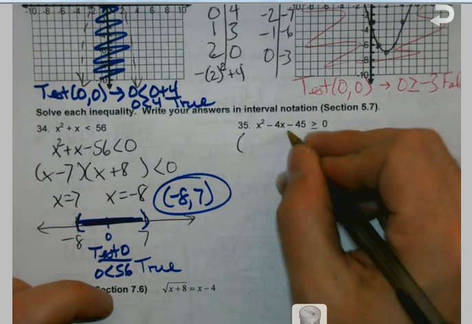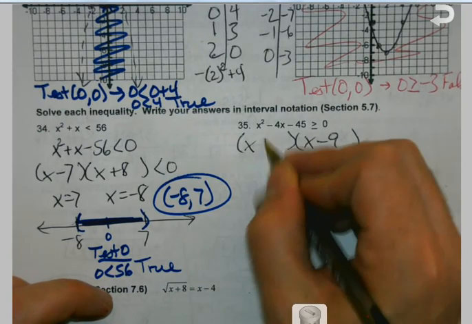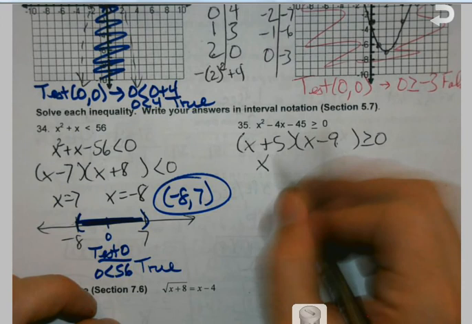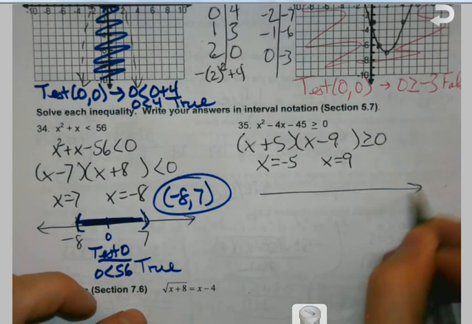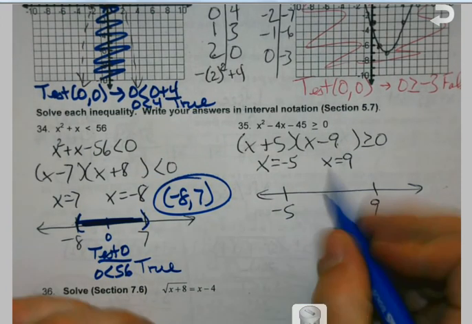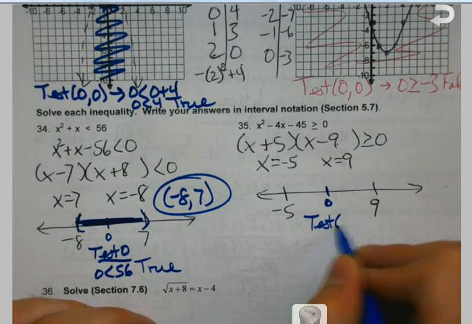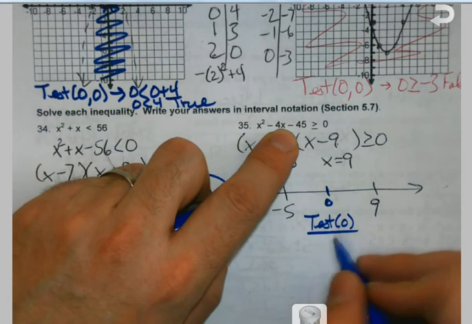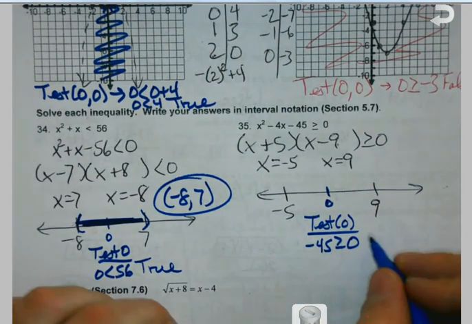So, all right, one more to factor here. Hopefully we're good at factoring at this point. Otherwise, yeah. Set these equal to 0, which is basically just going to be sign changes. Fortunately again, 0 happens to be in the middle for me to test. 0 minus 0, I like 0 minus 0, is negative 45 greater than or equal to 0?